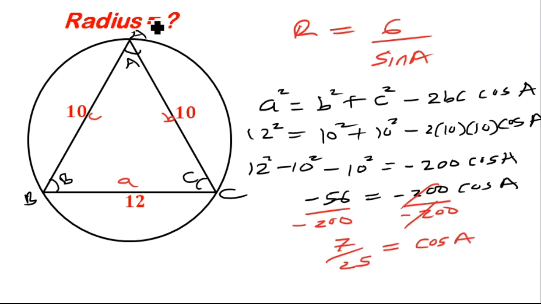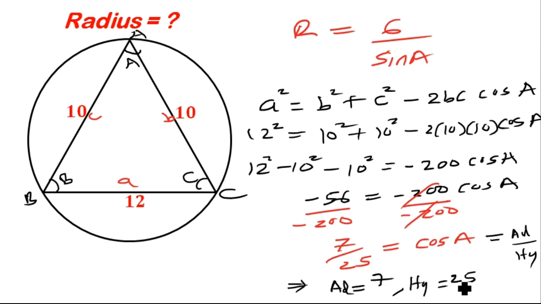But remember, according to trigonometric ratios, cos A is always the adjacent side over the hypotenuse. So this implies that the adjacent side is 7 and the hypotenuse is 25.